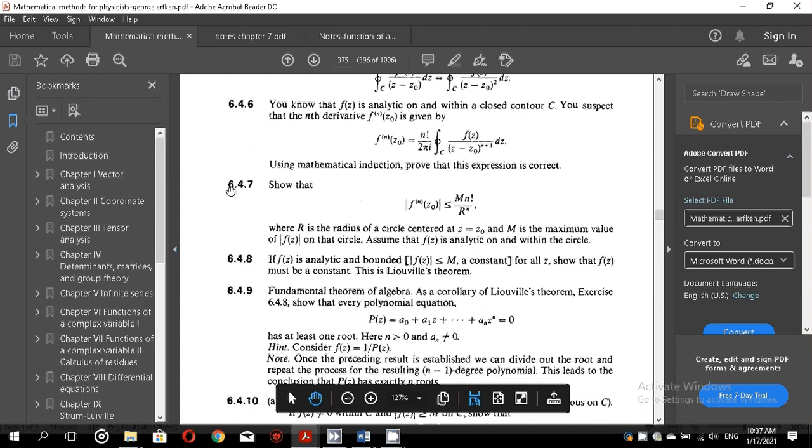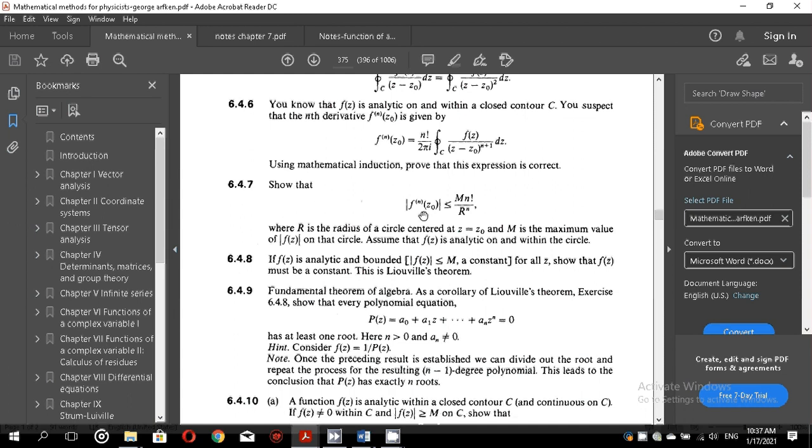Show that, exercise 6.4.7, the nth derivative of a function at z naught, the absolute value is less than or equal to capital M n factorial over r to the power n, where r is the radius of a circle centered at z naught, and M is the maximum value of the absolute value of f of z on this circle. So assume that f of z is analytic on and within the circle.